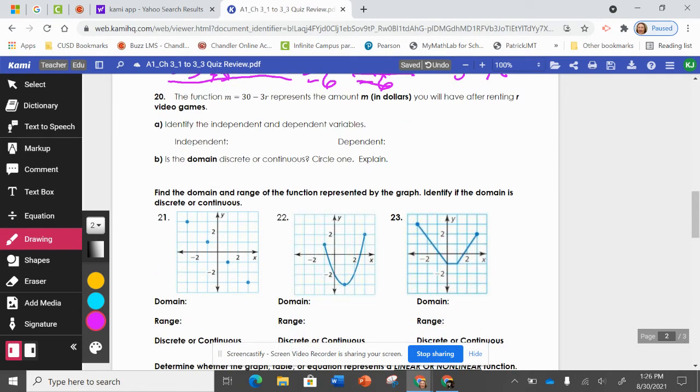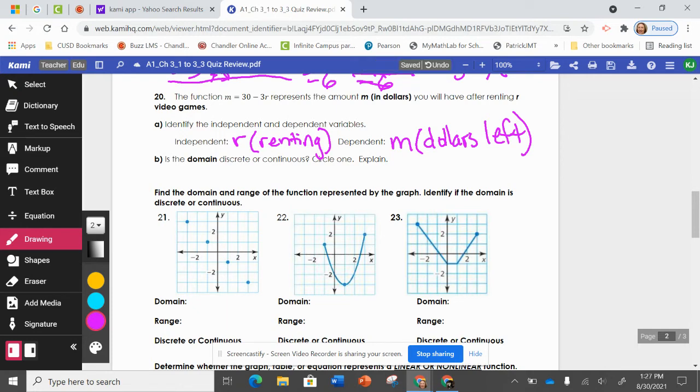For number 20, we're talking about video games that you are renting, and you have $30 to start with. The independent variable in this case is R for renting. The dependent variable is M, the dollars left.